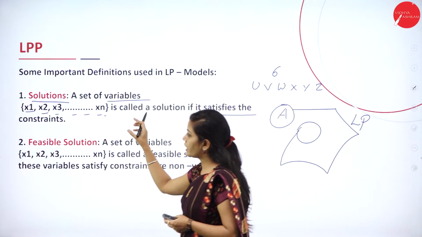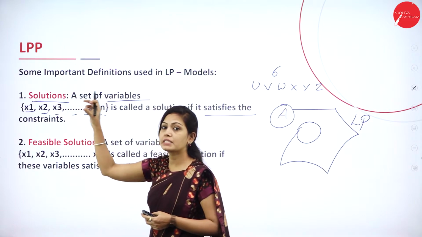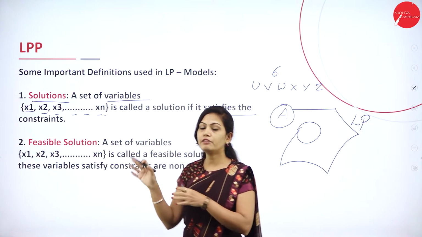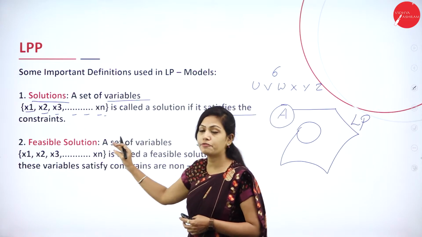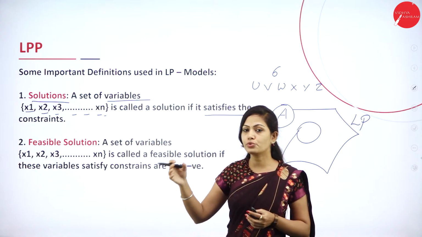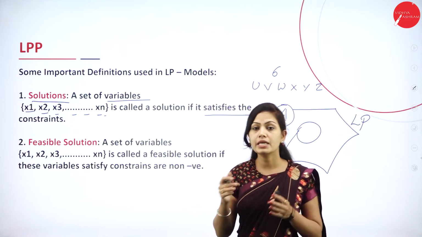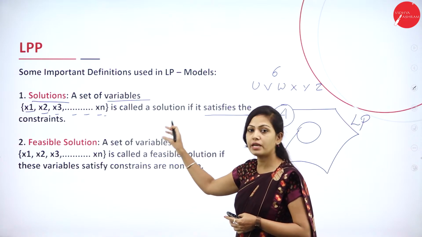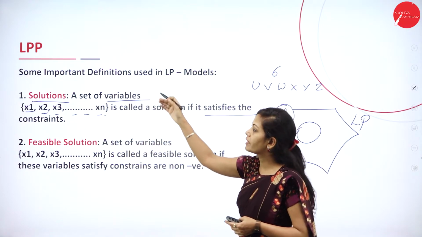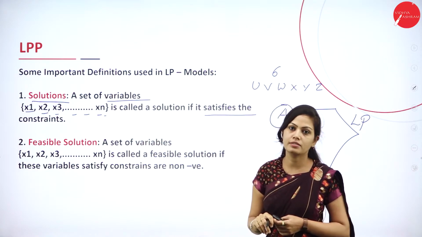For example, we have different variables x1, x2, x3, y1, y2, y3, z1, z2, z3. If these variables satisfy the different constraints, then we can call it a solution.